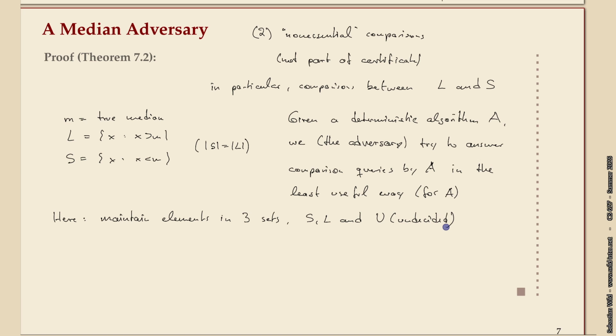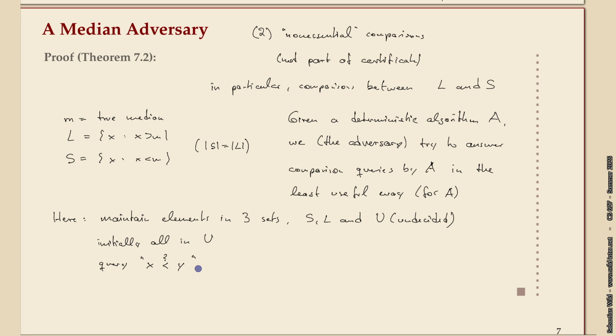So initially, every element will be in U, undecided. We haven't committed yet to that element being eventually smaller or larger than the median. And so now, whenever the algorithm asks a comparison, which of the two is smaller, we check if we've already decided where the elements are. So the algorithm asks us, is x less than y?